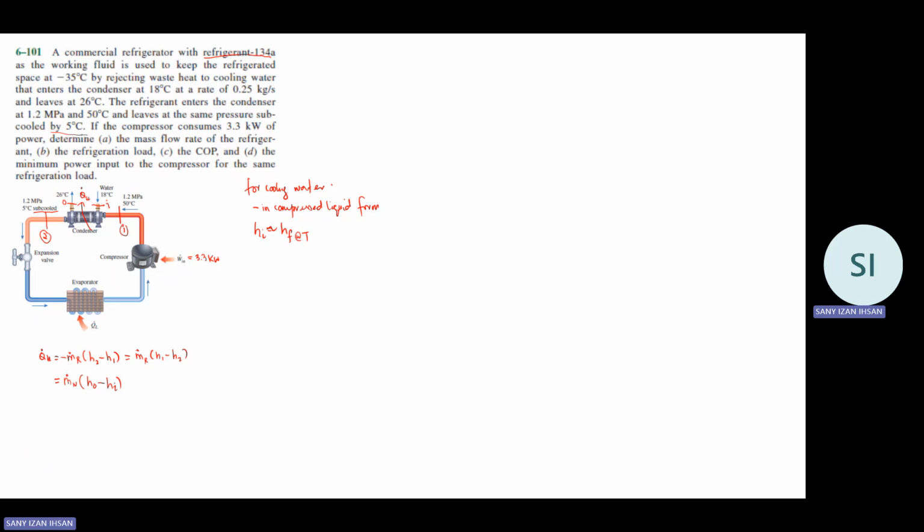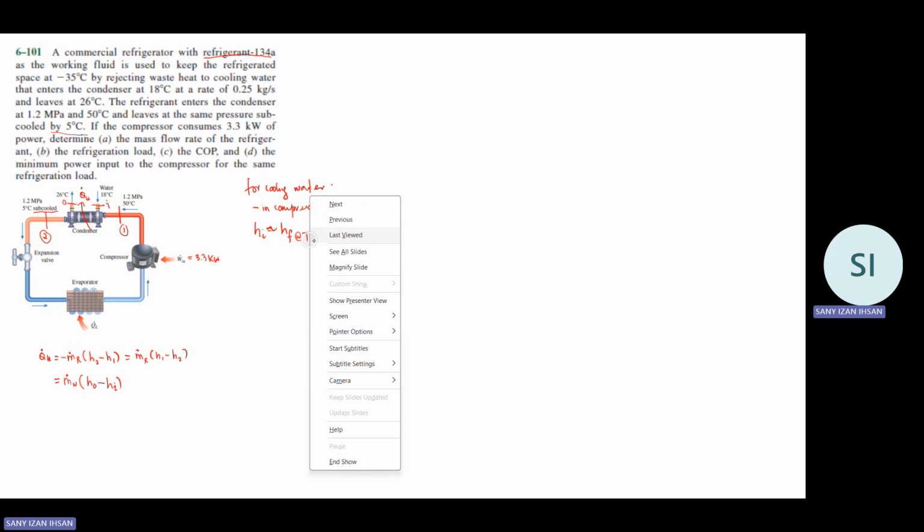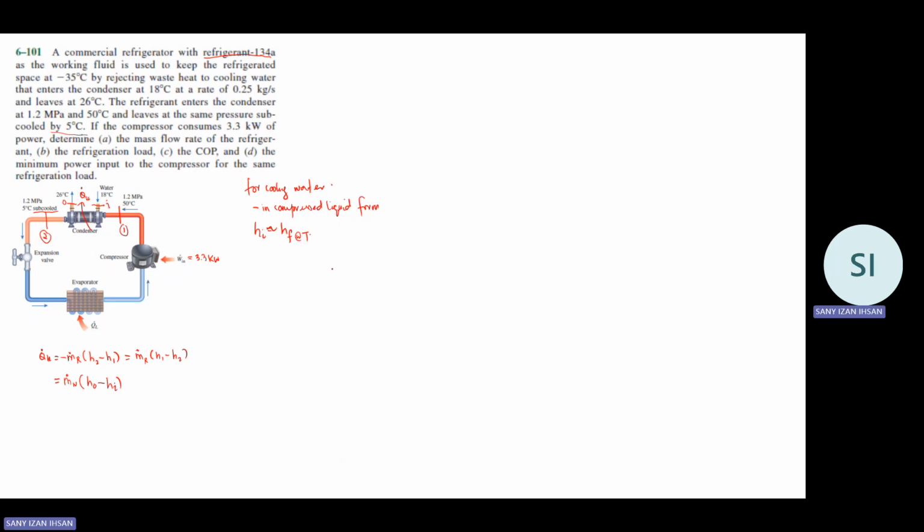So the inlet is 18, the temperature of the inlet in our case is 18 degrees Celsius. Similarly for the outlet, because both are compressed liquid, the outlet can be estimated to be the saturated liquid at the outlet temperature.